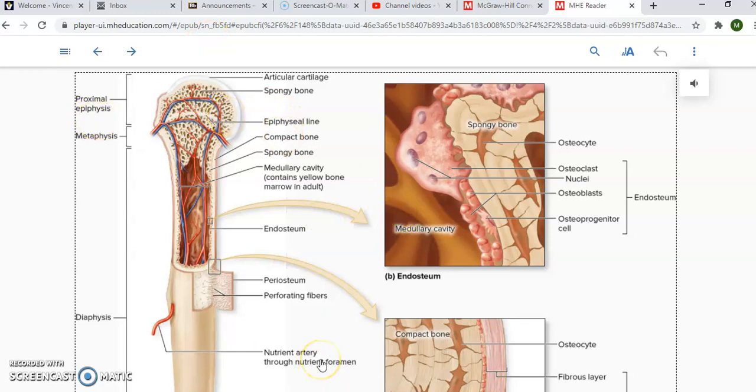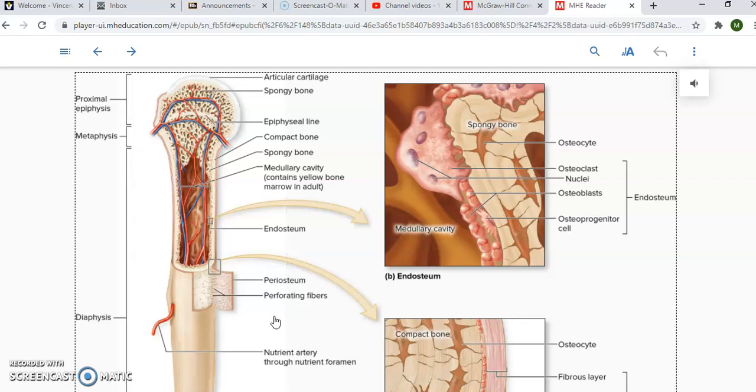All right, and then the nutrient foramen is another structure. They're just showing one on here. This is a blood vessel here, looks like an artery, and there is a little hole in the side of this humerus bone. The reason we have that hole there is so that blood vessels can pass through it.